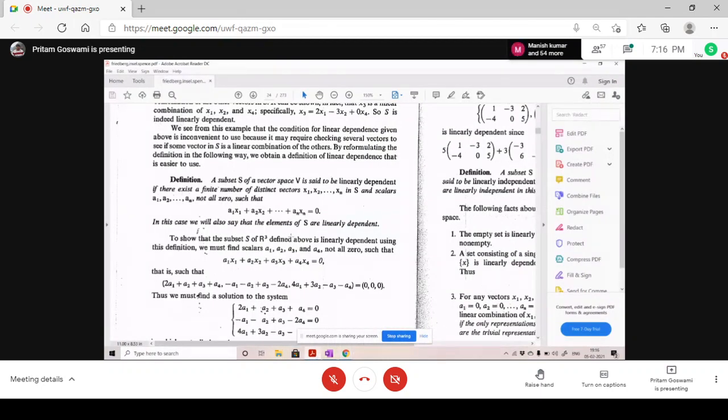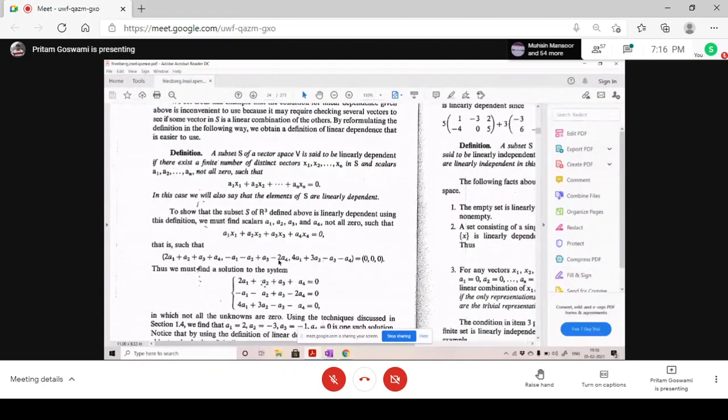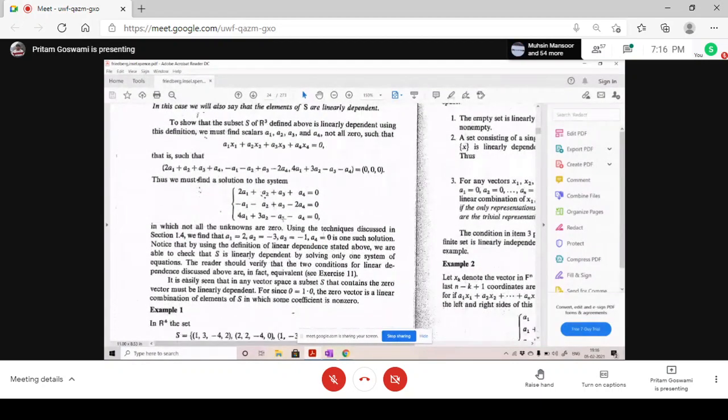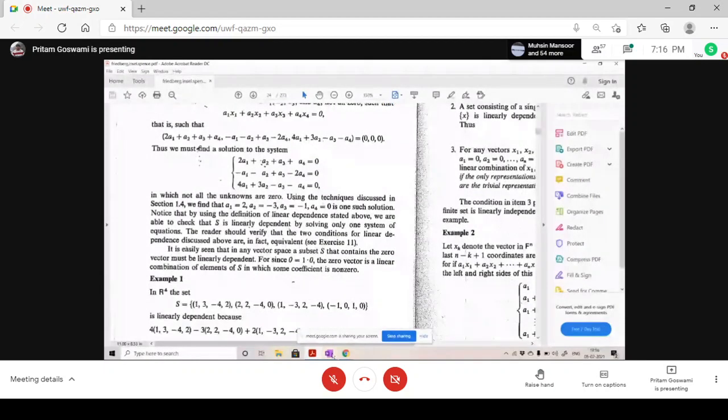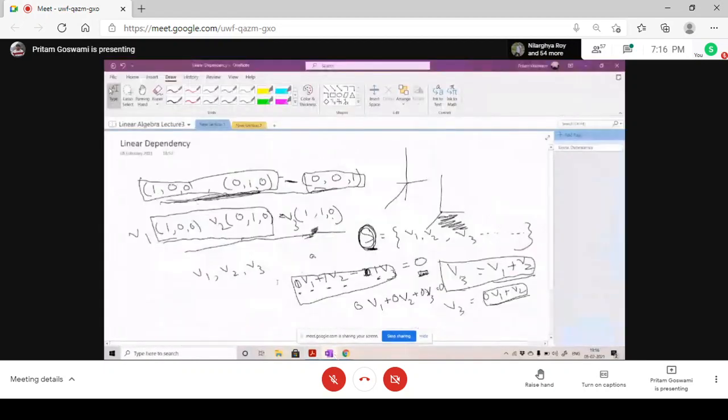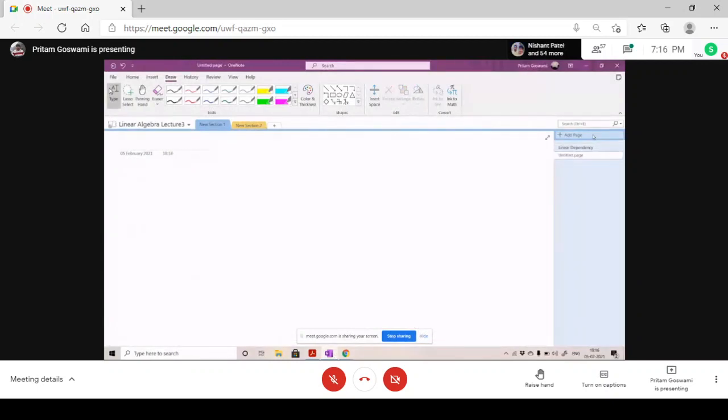Now, what is linearly independent? First let me give you an example. I have given one example here. Let me give you another example containing matrices.